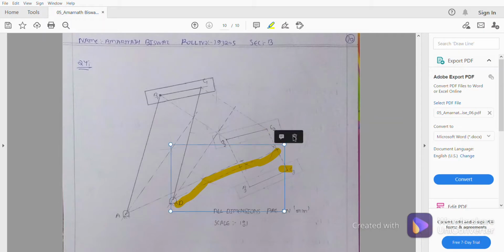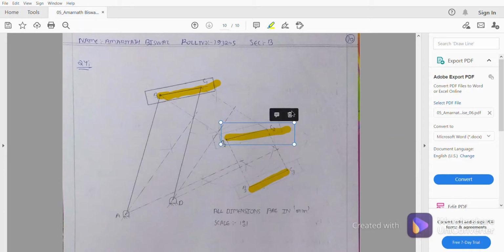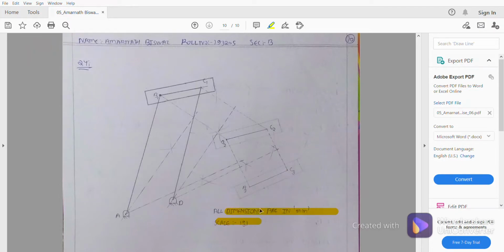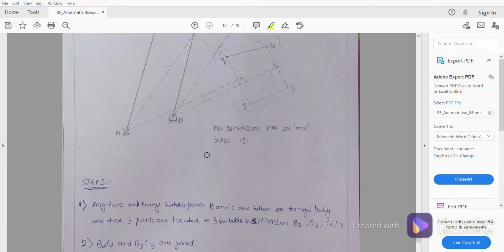Here the interesting part is that the links are rigid, and of course the PC which we took in the rigid body is also rigid. The distances B1C1, B2C2, B3C3 remain the same. We took all dimensions in mm, scale 1:1, which means whatever we draw on paper will be the same in real life.